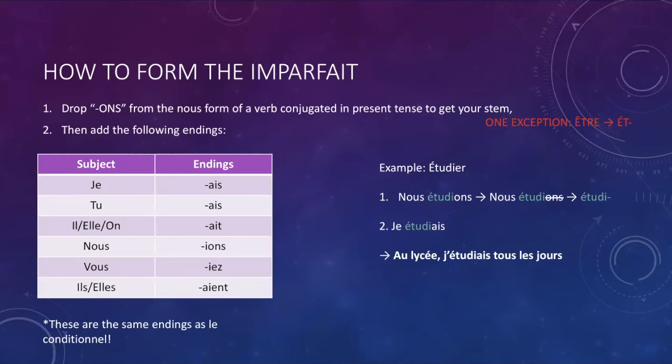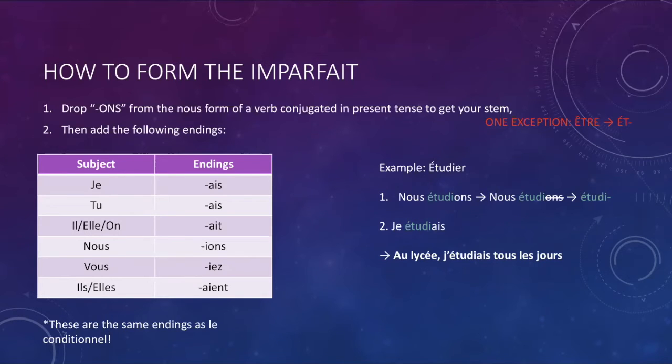However, there is one exception, and that's être. Instead of nous sommes, we simply use é-t as our stem. So for example, we can use étudier. First, let's conjugate it in the present tense in the nous form.